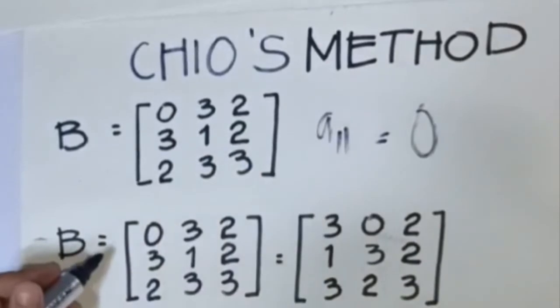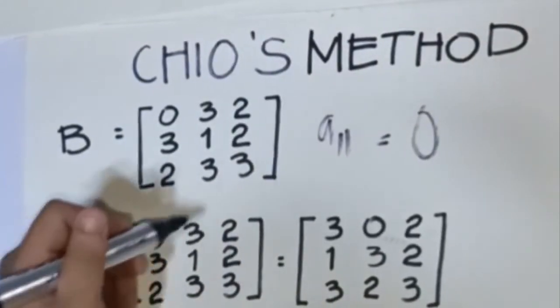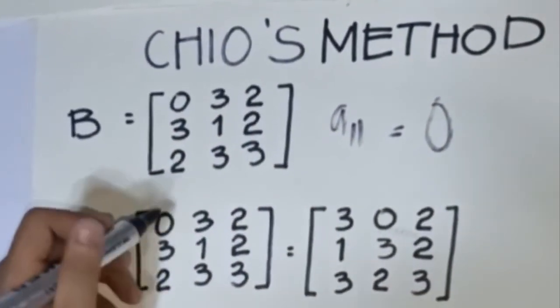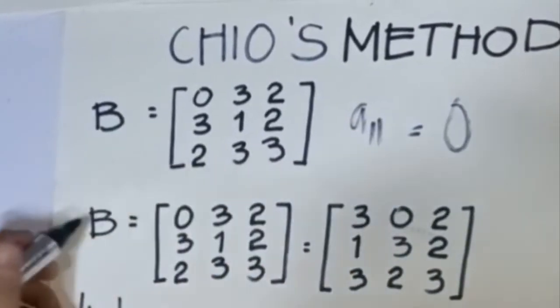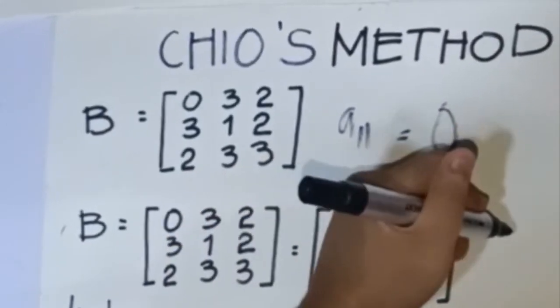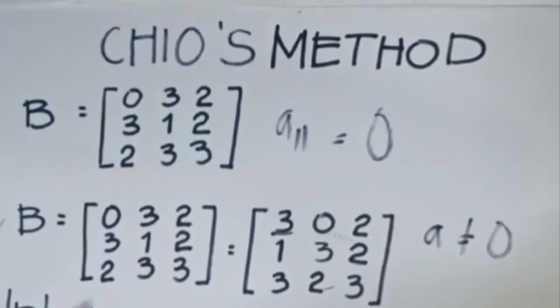So we can't use the Chio's method unless we transpose the first column to the second column or the third column. So in this case, we transpose the first column to the second column so that our A sub 11, or the first element, will not be equal to 0, and we will use the Chio's method.